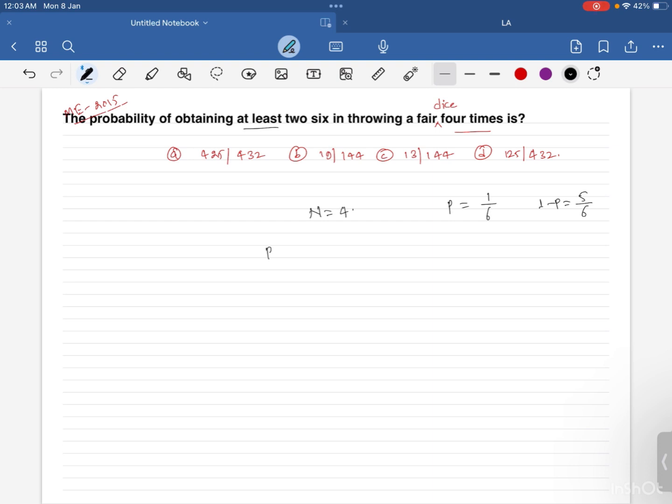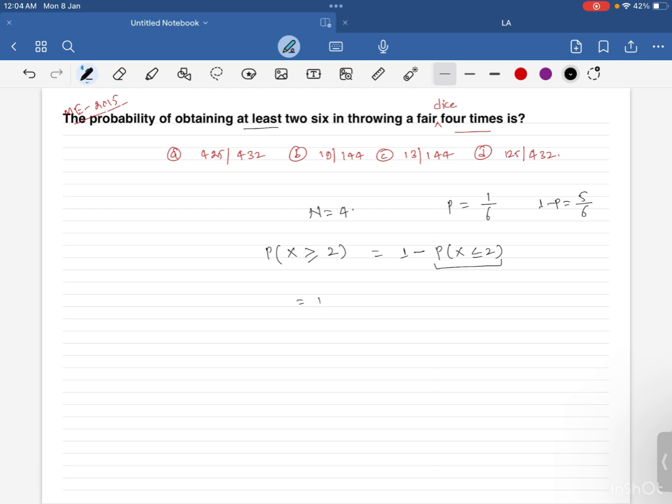And we have been asked the probability that x is greater than or equal to 2. This we can write as 1 minus the probability that x is less than 2, right? Now we have to find this.